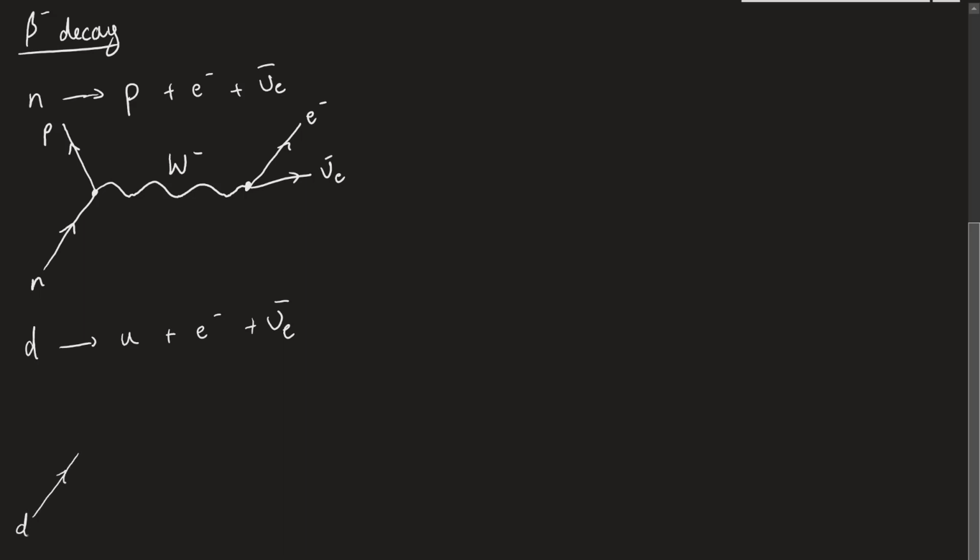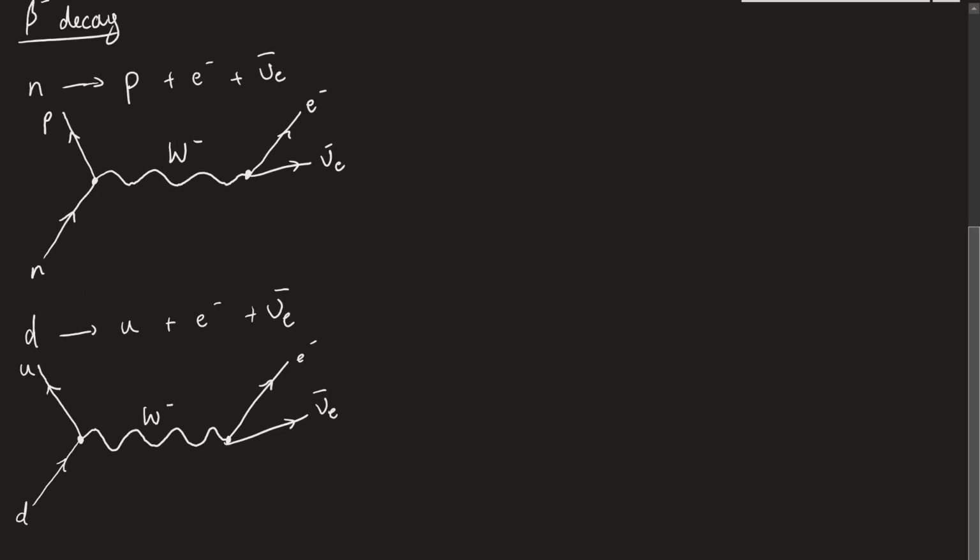So the down goes into the vertex, the up comes out, we get the same exchange particle produced. It's still going to be W minus, and we still get an electron and anti-electron neutrino emitted.